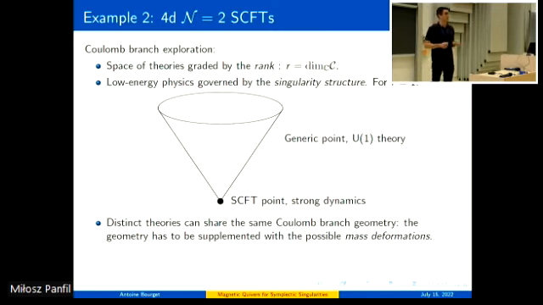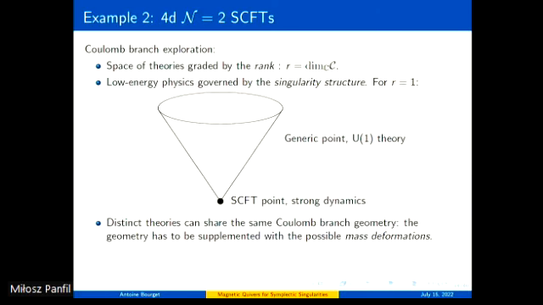I will focus here on the moduli space of vacua, because as you understood, the Higgs branch can be characterized by the magnetic quiver. So let me say a few words about that. This can be used to do some kind of bottom-up exploration of the landscape of SCFTs.